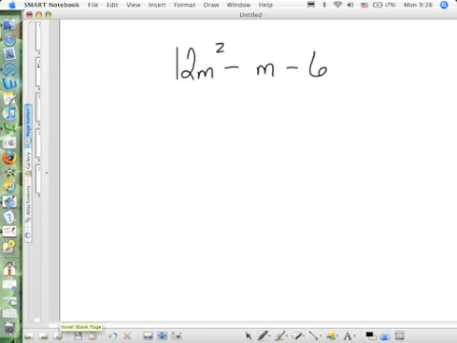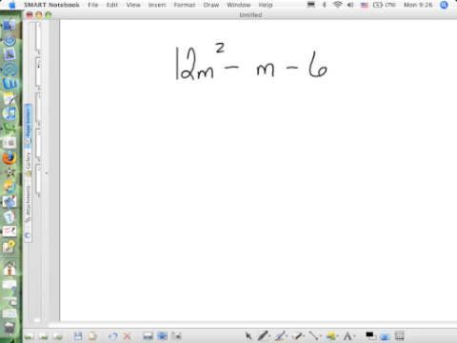When you have several factors, I'm going to give you all a little hint on how to choose your factors. Because for 12, we've got 12 times 1, 6 times 2, and 3 times 4, right? And then for 6, we have 6 times 1 and 2 times 3.